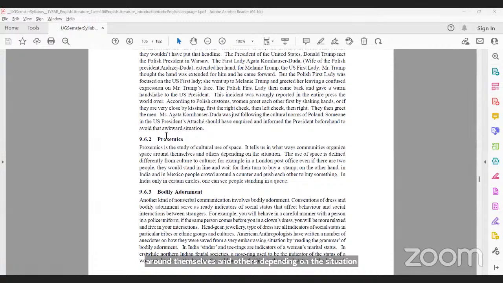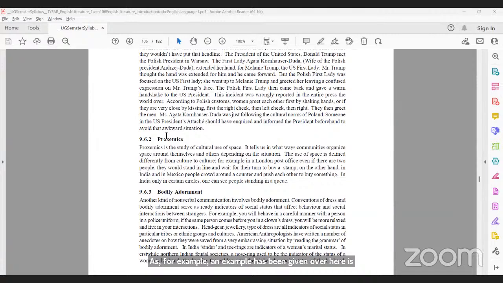The definition of this space, or proxemics, will differ from one culture to another. As an example, suppose we are talking about a queue in India.